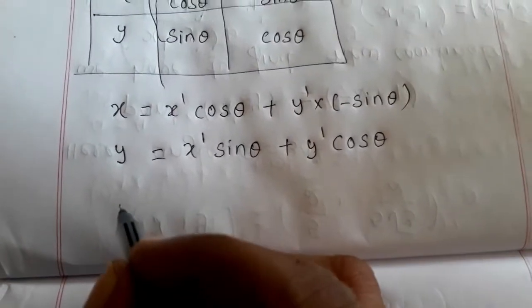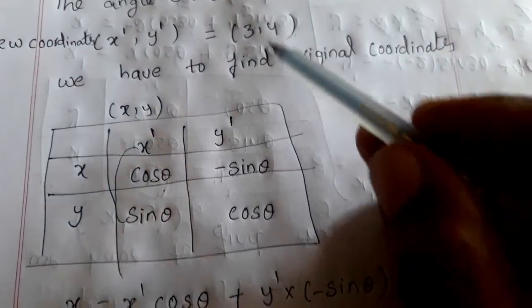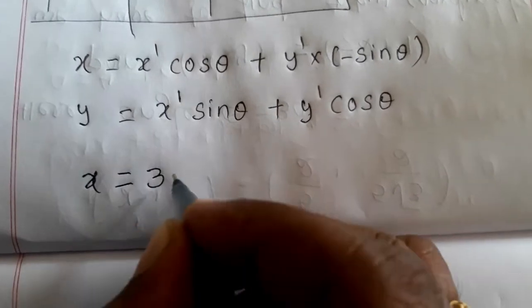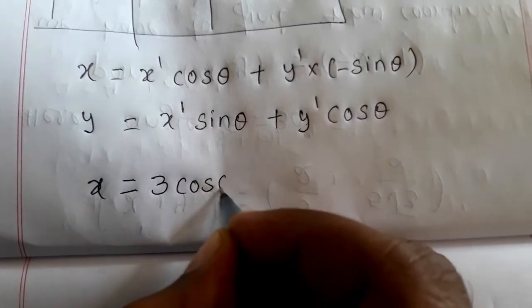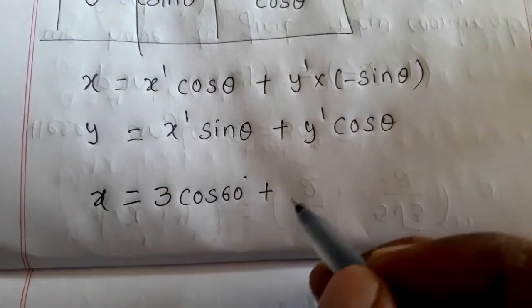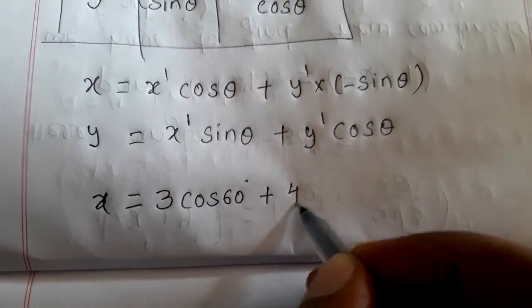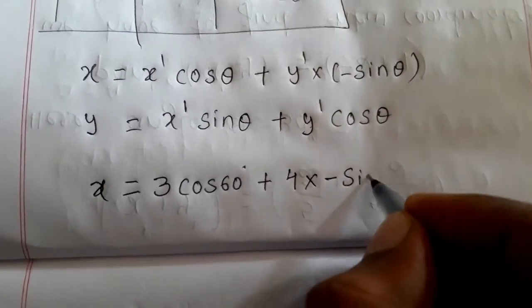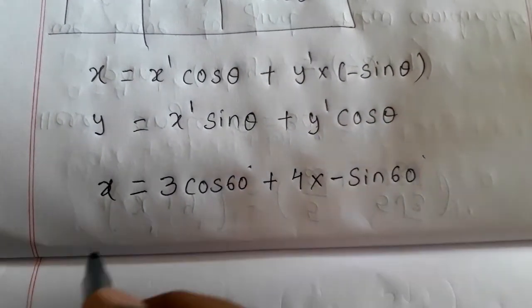So just you see here, x is equal to x dash. How much value is given x dash here? 3. Y dash is 4. Angle is 60. So substitute here, x dash is 3 cos 60 degree. Y dash is nothing but 4 into minus sin 60 degree. So simplify this.